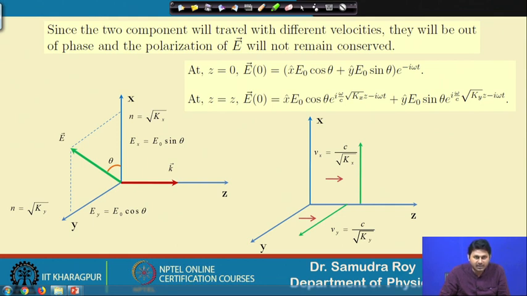But there is another possibility, that I launch E in an arbitrary direction in the x y plane. In that case, E x and E y are both non-zero. If that is the case, they will travel at two different speeds, and as a result the polarization state of the electric field will not remain conserved. So we will have a system where the polarization is going to change.